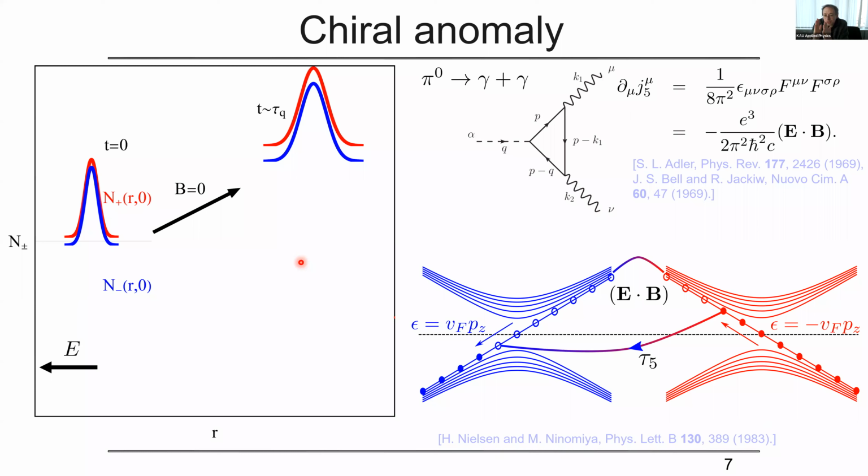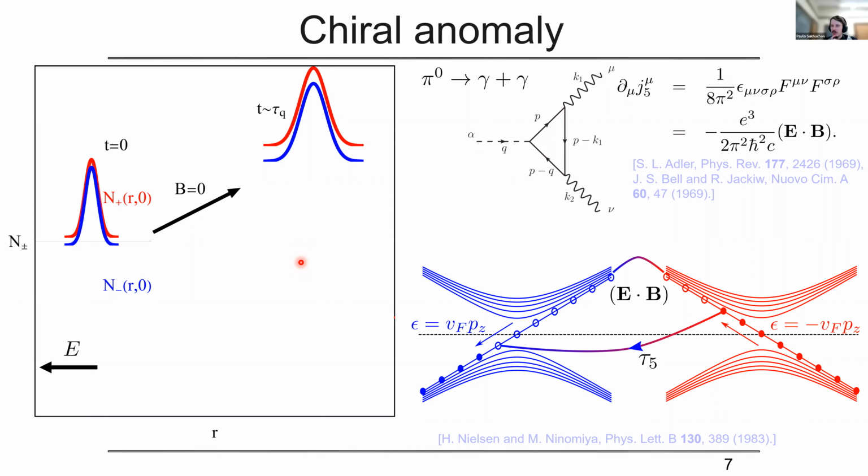This change of population will be proportional to the electric field multiplied by tau. Not tau 5, just normal tau, in the simplest tau approximation in the Boltzmann equation.